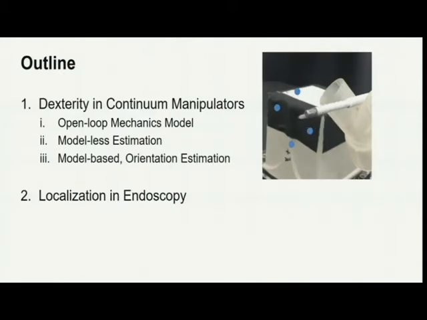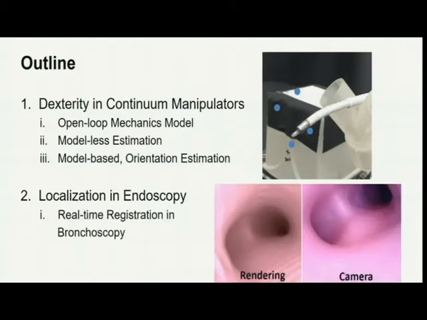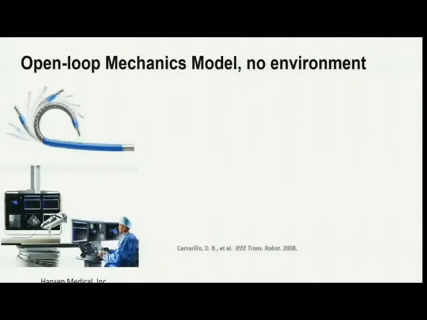And then the last thing I'm going to touch on is our latest unpublished work in progress, at a very preliminary stage, on localizing in bronchoscopy using deep learning with real-time registration of a rendered view from a CT and a real camera view to try to figure out where you are inside the lung. Okay, so let me get to your question about what are the problems with the mechanics models.